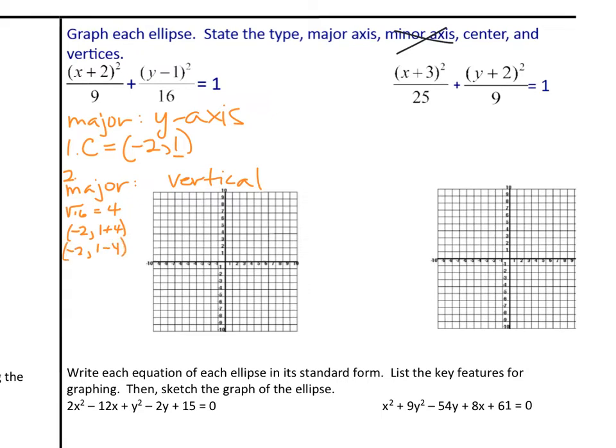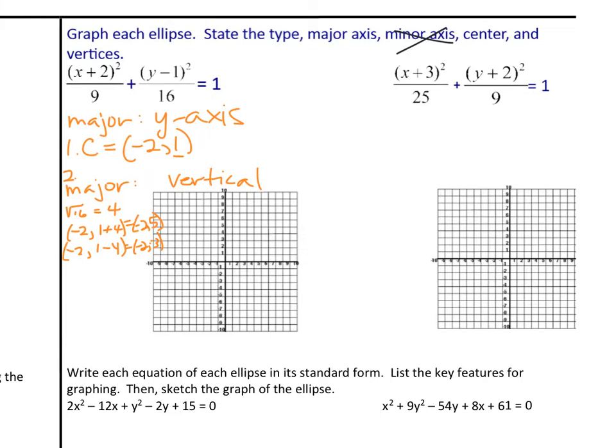Well, (-2, 1 plus 4) is going to be (-2, 5). And then (-2, 1 minus 4) would be (-2, -3).